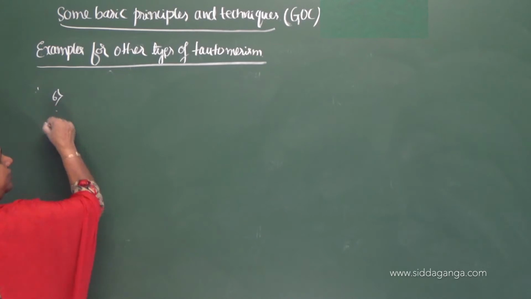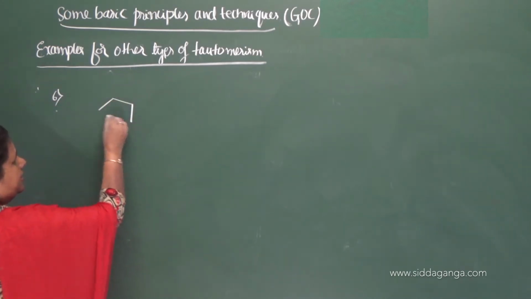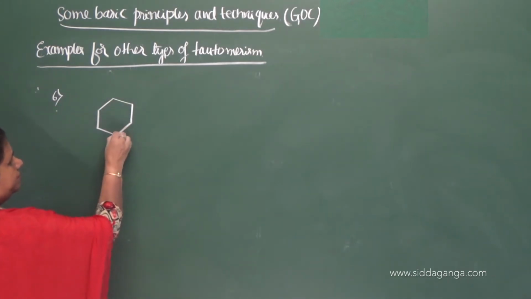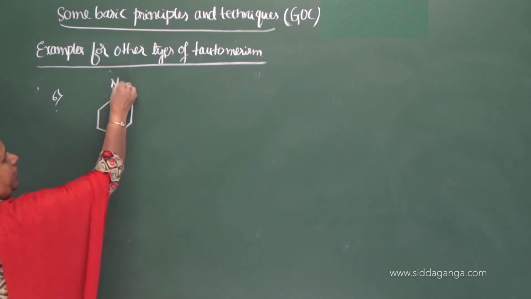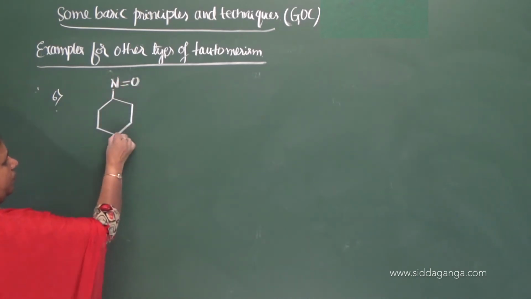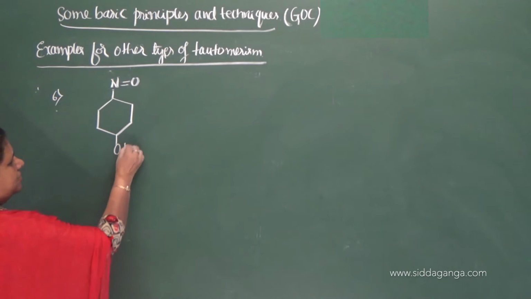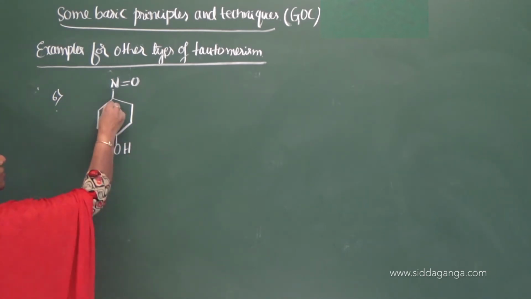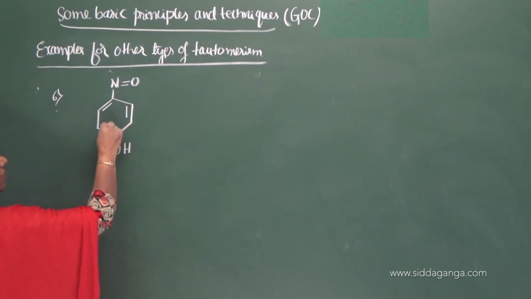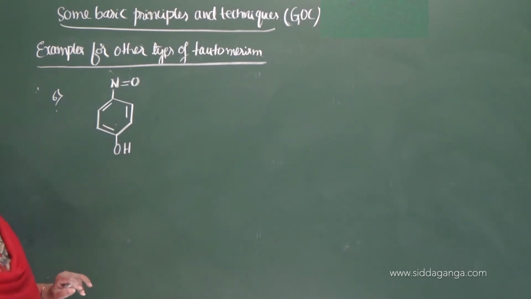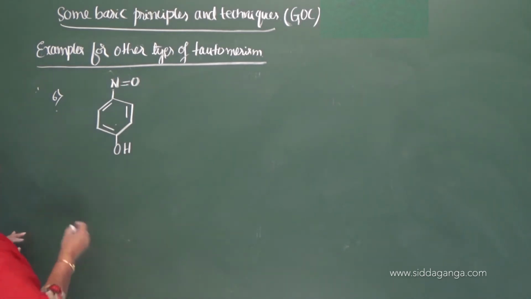The sixth one you take. So here is an example. N double bond O, and here is OH, and this is the compound.